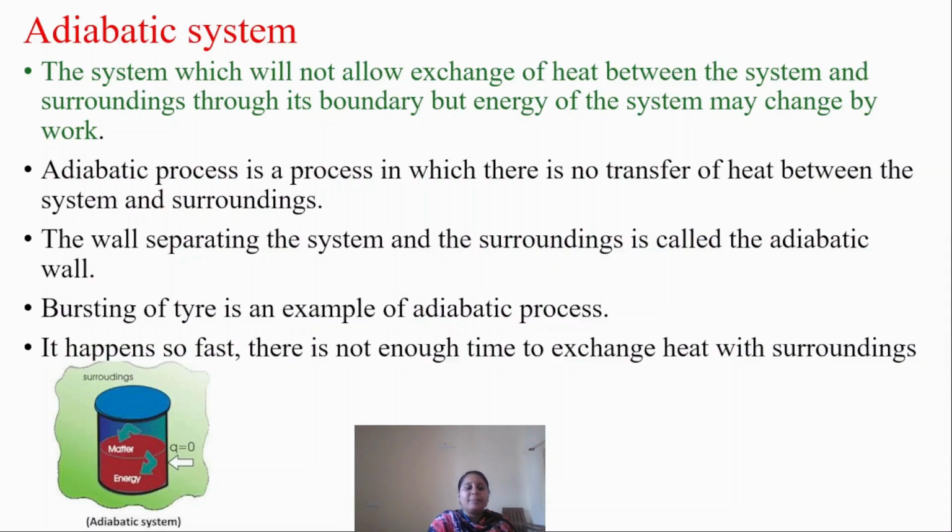And the wall separating the system and the surroundings is called the adiabatic wall. The bursting of a tire is an example of an adiabatic process. This happens so fast that there is not enough time to exchange heat with the surroundings.